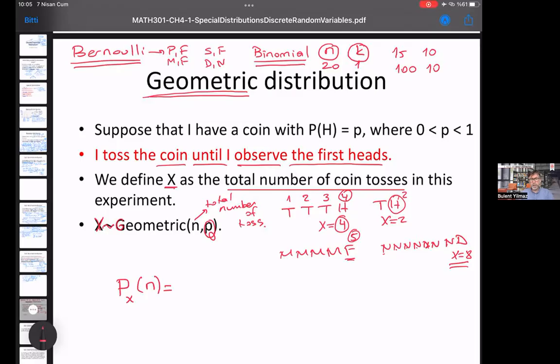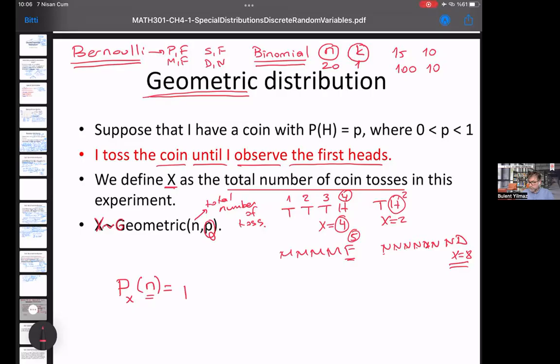It's going to be a probability distribution function with respect to n and p. Are you there, guys? Do you hear me? Yes, hocam. Yes, okay. Is the question understood? How can I write P of X equals n?